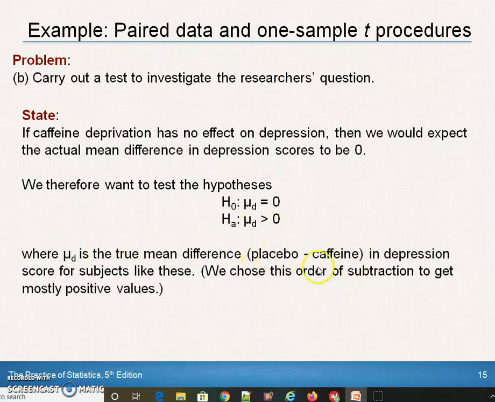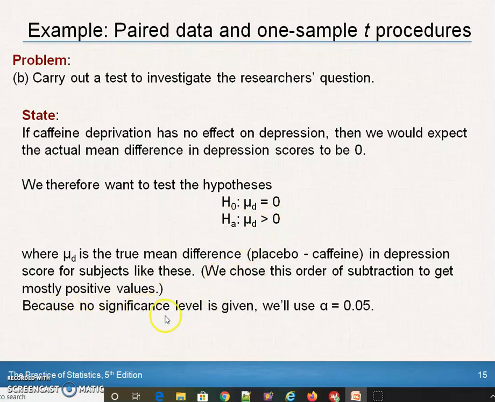Placebo minus caffeine, depression scores. I guess the placebo would have higher depression because the caffeine would help. We chose this order of subtraction to get more positive values. That's why we went with the greater than 0.